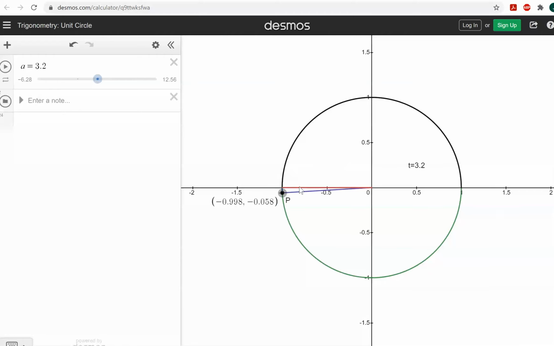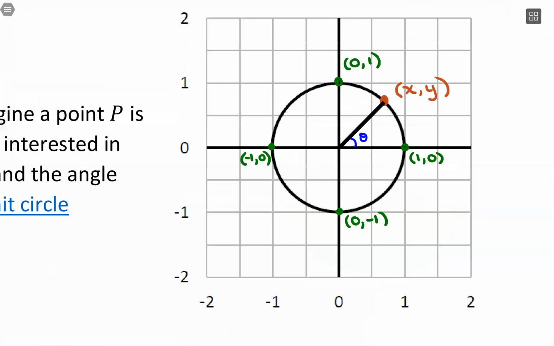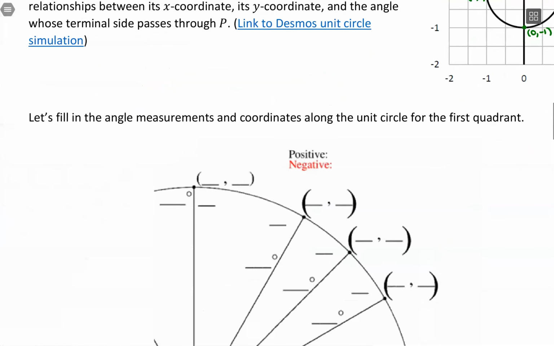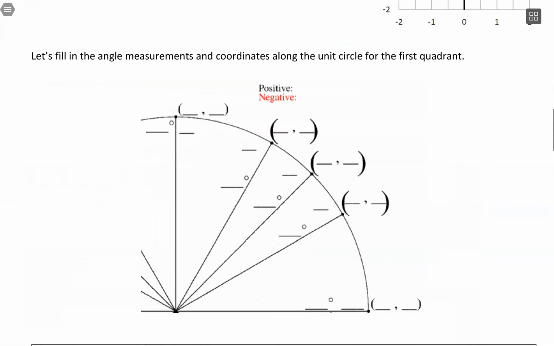So as we move around, we're going to have these angle measurements, and we'll measure in both degrees and radians. So we're going to start switching more to radians. And with that will be this coordinate that's along this unit circle here. All right, so before we start mapping the entire circle, I think it's really helpful to just focus on the first quadrant.